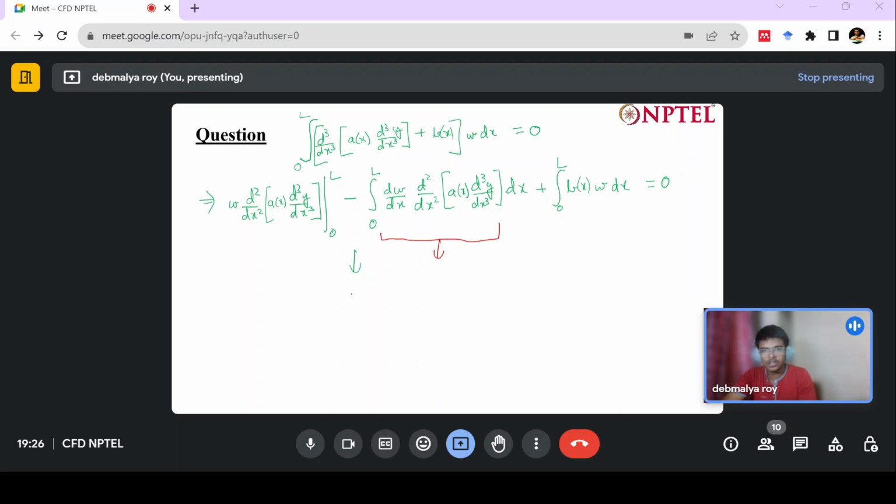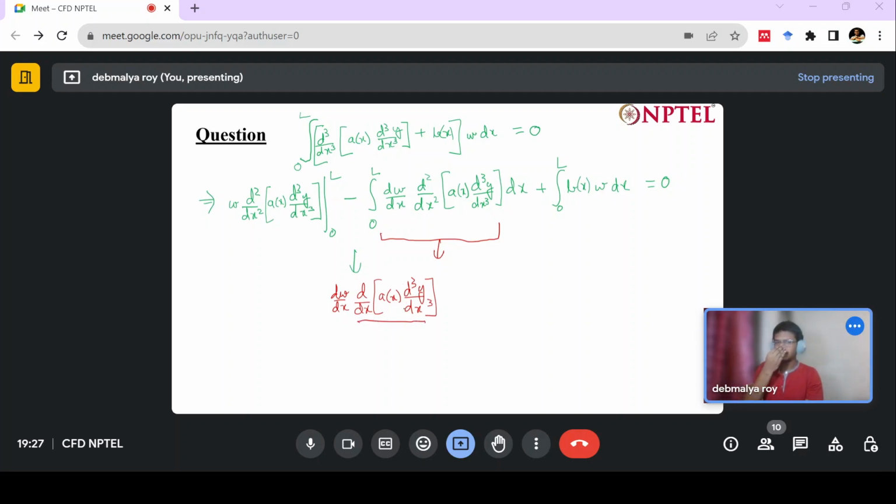We will get a boundary term which will contain this dw/dx and would contain d/dx of this a x d3y/dx3. So again, this is basically the secondary variable.